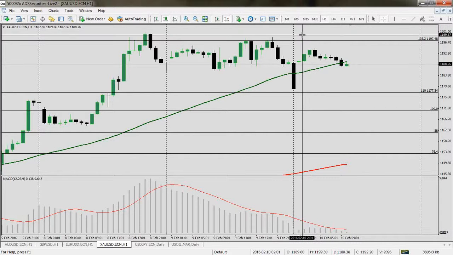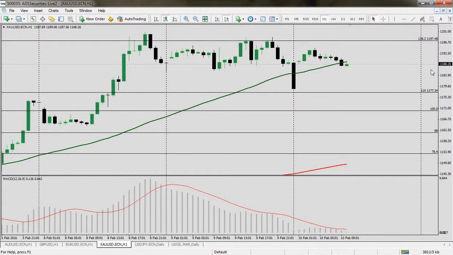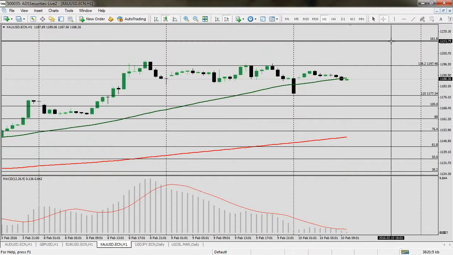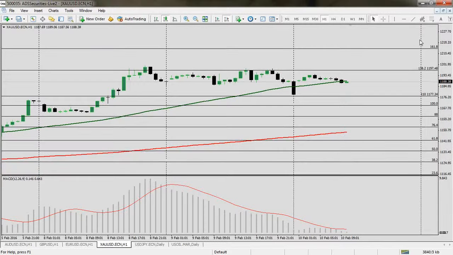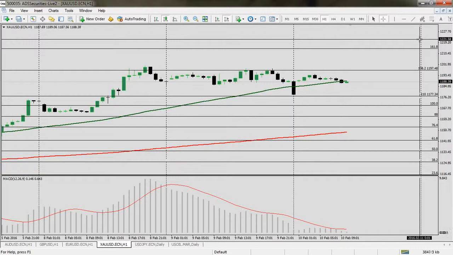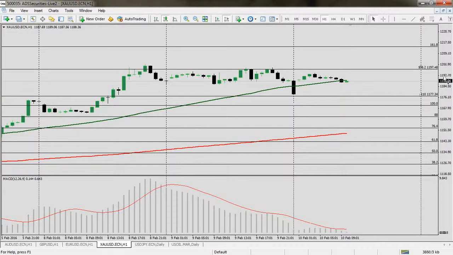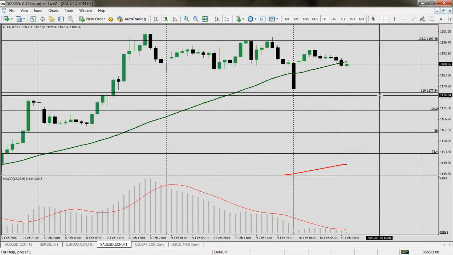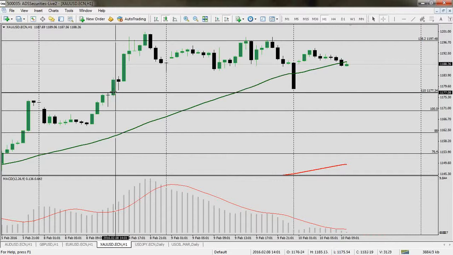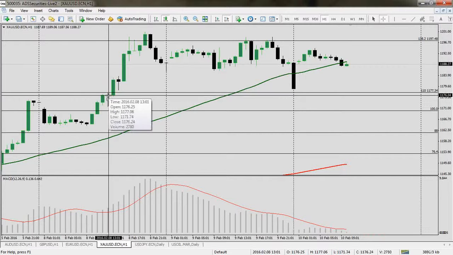Above 1,197, we consider long. And our long targets will be at $1,216 per ounce, and if that level is broken, we can consider the $1,222 per ounce level. That's for bullish targets. Meanwhile, our bearish targets immediately stay at 1,177, especially for the sake of this specific candle, the 1 hour candle on the 8th of February.